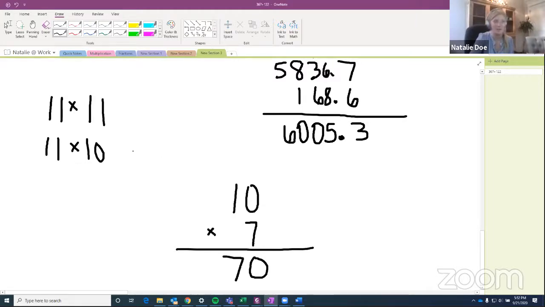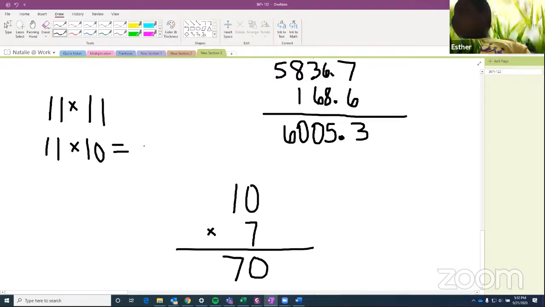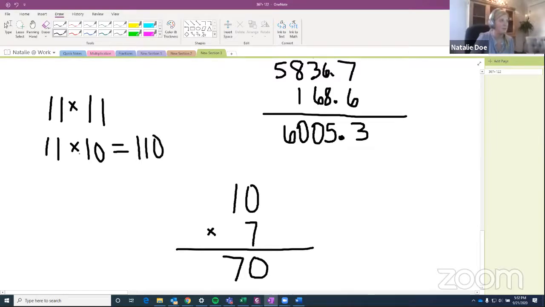So what's 11 times 10? We've done this one, right? It's going to be 110. Yep, 110. So that's 11 times 10, but I want 11 times 11. So I need another 11.